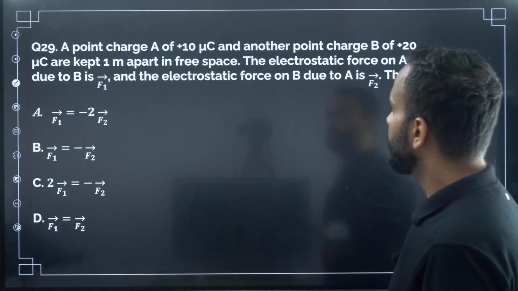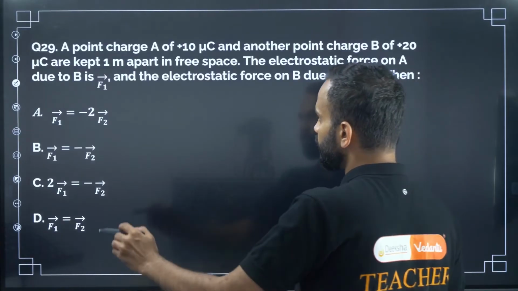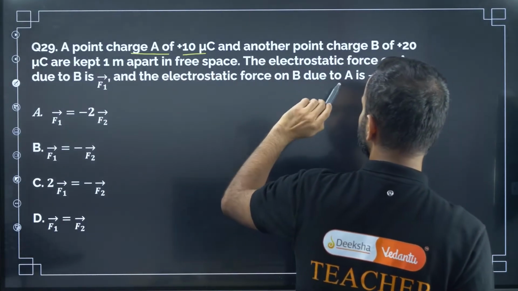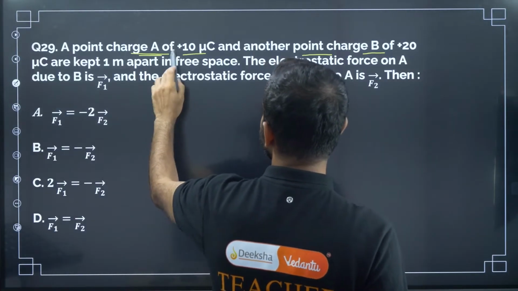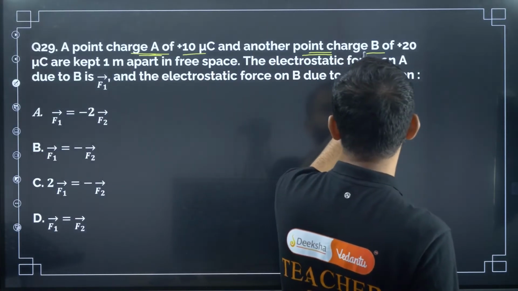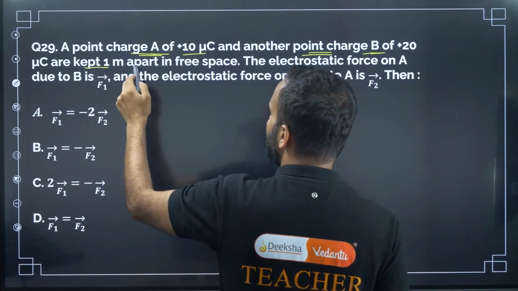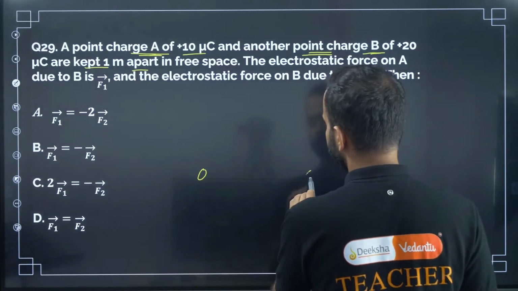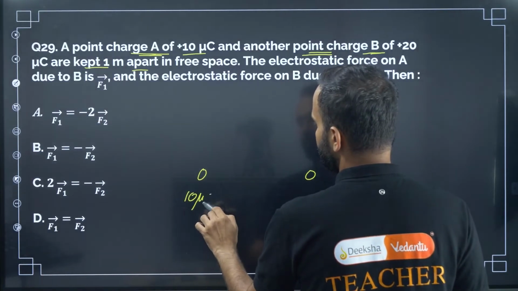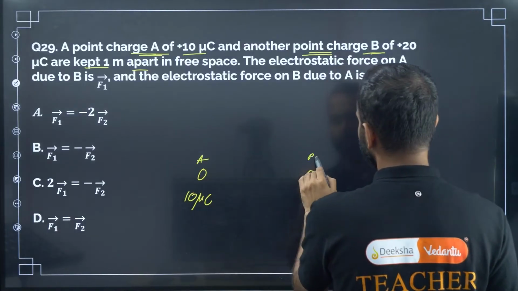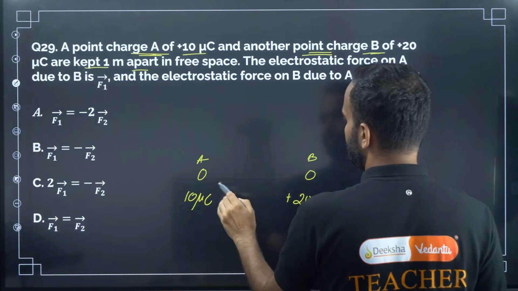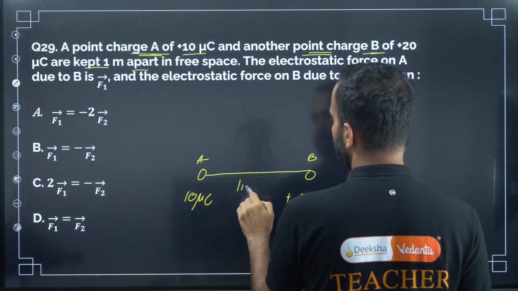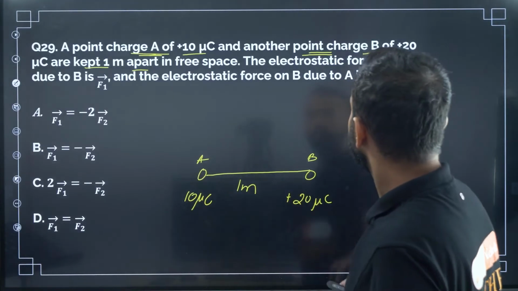Okay. Question number 29. A point charge A of 10 microcoulomb and another point charge B of 20 microcoulomb are kept 1 meter apart in free space.